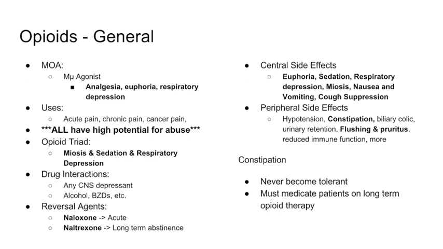Reversal agents, another thing you need to burn into your membrane. Naloxone or Narcan is our mu antagonist. This is what we're using acutely when, unfortunately, you find a patient slumped over on the street who was overdosing from heroin. You give them Narcan to bring them back. Naltrexone is another mu antagonist. It's long-acting, and it's actually used long-term for abstinence.